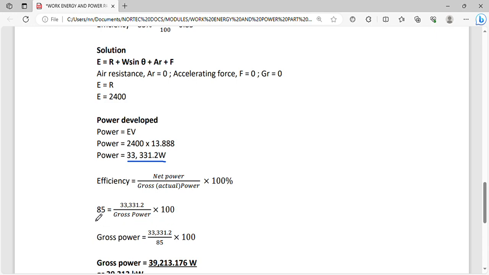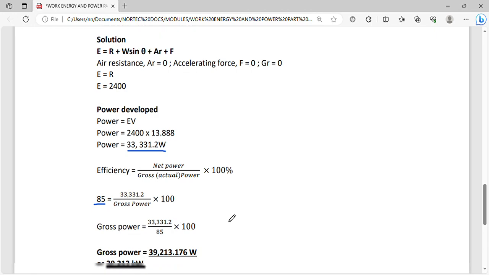It's as good as the 100 was down there. Then we've just cross multiplied. So all we can do now is just make gross power the subject. And this is what becomes of it. We have 33,331.2 divided by 85. Then multiply it by the 100.